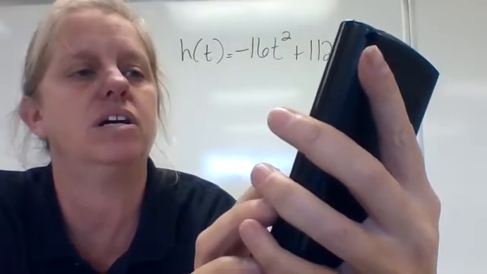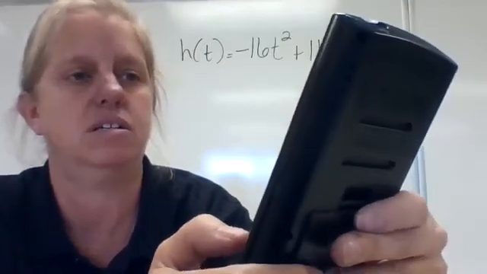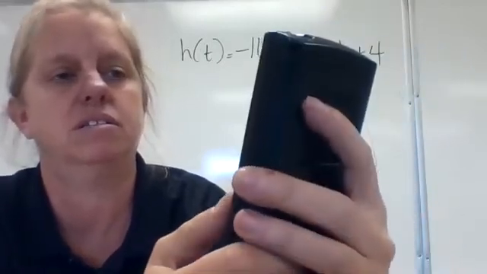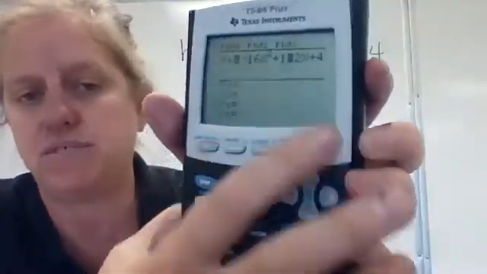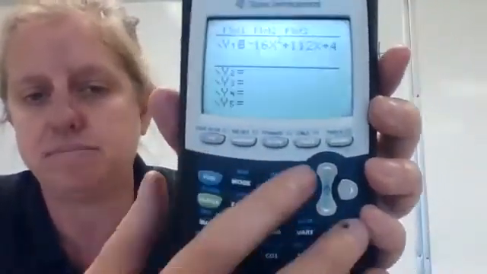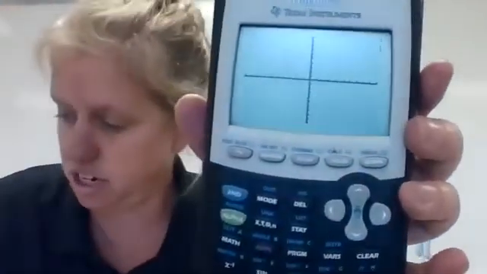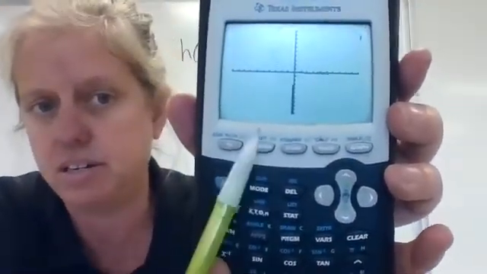Uh-oh, that's not squared. Hang on. There. So negative 16x squared plus 112x plus 4. So now let's graph it. So it's going to make an upside down parabola.